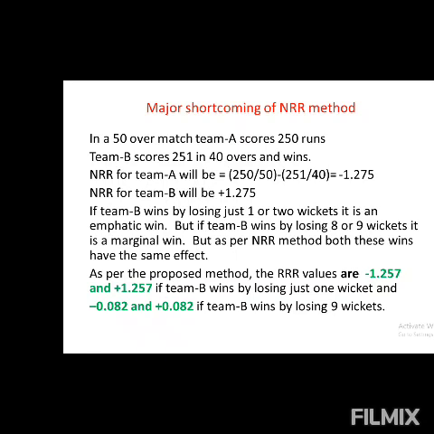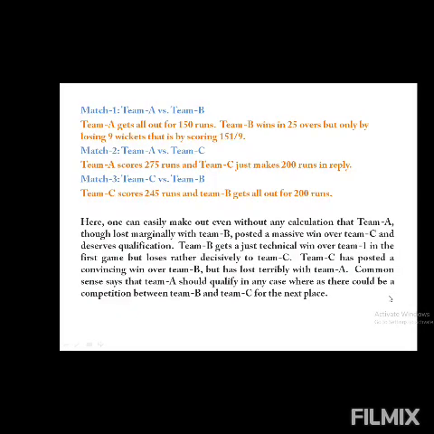Let us consider one more example, an example of a triangular series. Suppose teams A, B and C contest each other. In the first match, team A gets all out for just 150 runs. And team B, though they make it in 25 overs, they lose 9 wickets.